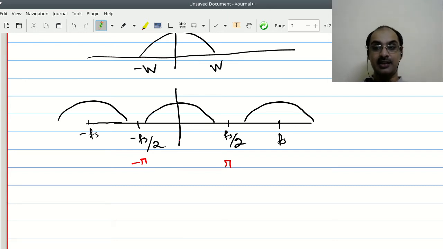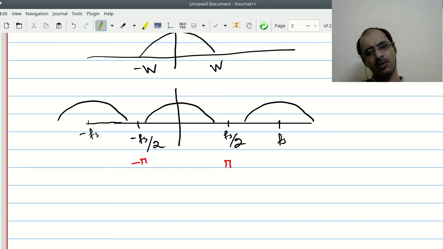Which means that the DTFT is just the continuous time Fourier transform of the sampled signal, except that the axes are scaled so that fs corresponds to 2 pi. So fs over here corresponds to 2 pi in the DTFT. This gives you a direct connection between the continuous time frequency and the discrete time frequency.